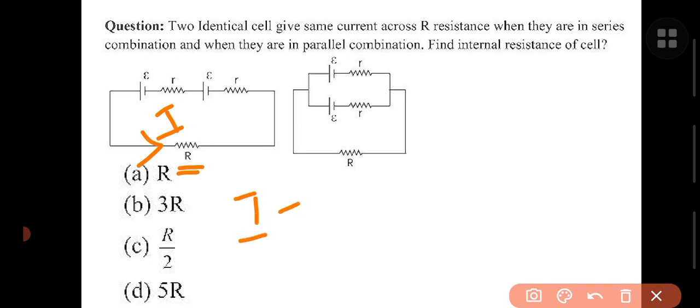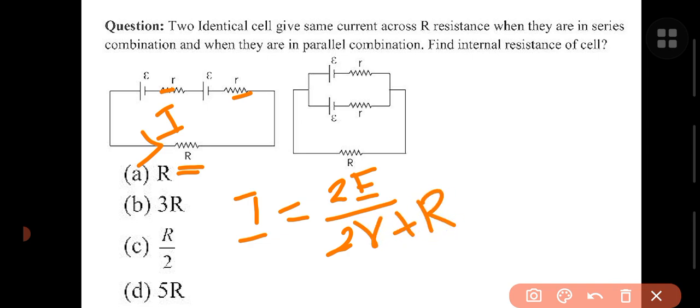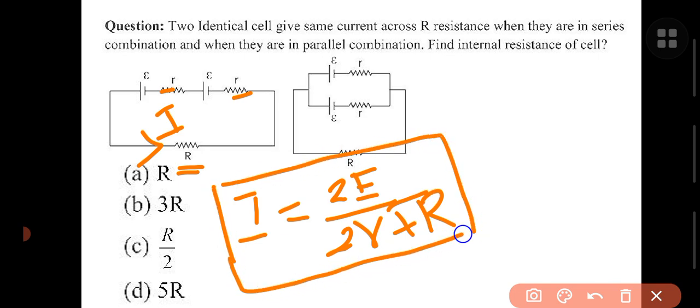I is equal to, here two cells are in series, so 2E. We can sum up the voltage 2E divided by its internal resistance r and another r, so 2r, plus the capital R. This is the current flowing through the resistor R in circuit number 1.